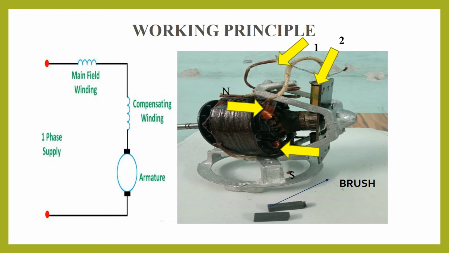This is similar to the DC motor. Whether the supply is DC or AC, the output will be the same in the universal motor. If you give a DC supply, the same output will be produced. If you give an AC supply, the same output will be produced. This is the best example of your universal motor.